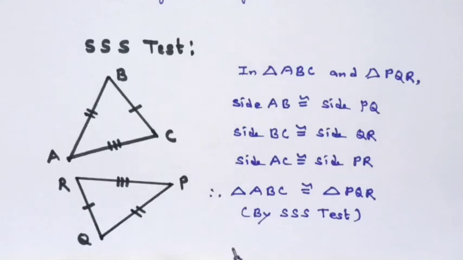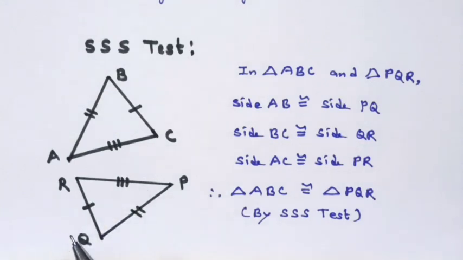Let's learn SSS test. Means side test. As the name suggests, there are three sides. Here, all the three sides of one triangle are congruent to all the three sides of other triangle respectively with the correspondence. Now, look at these two triangles, triangle ABC and triangle PQR.